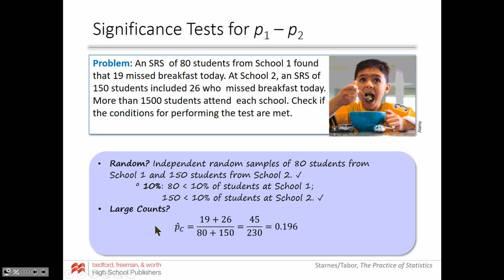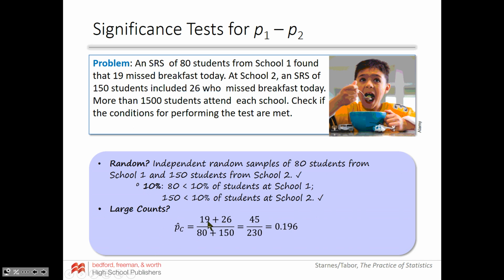In order to check the large counts condition, and remember, this is so that we can assume that our sampling distribution is approximately normal, so that we can use our z score, we need to calculate the p hat combined.